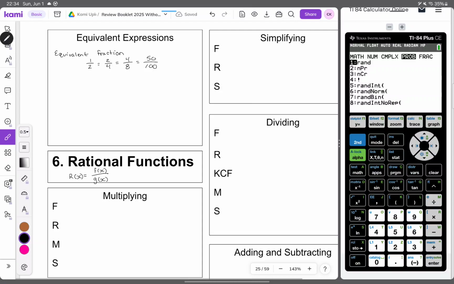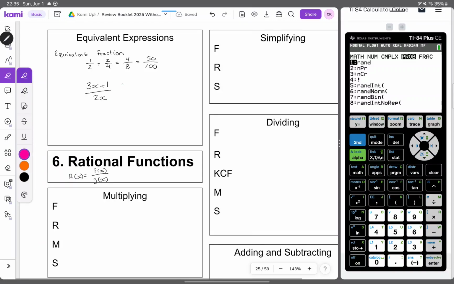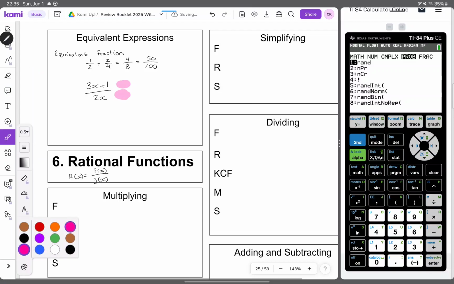Just like we can do that with fractions, we can do that with rational expressions. To find your equivalent expressions, maybe my rational expression is 3x plus 1 over 2x. One way to find equivalent expressions is to times top and bottom by the same number, whatever number you want it to be.